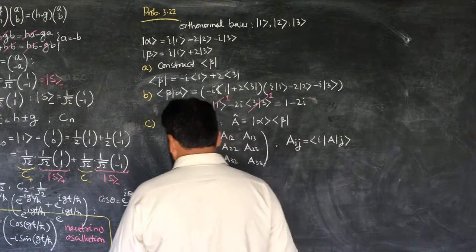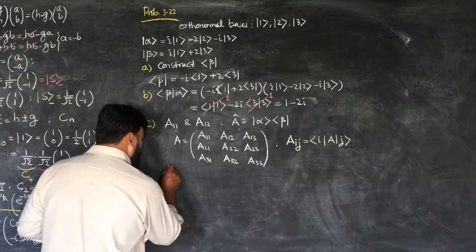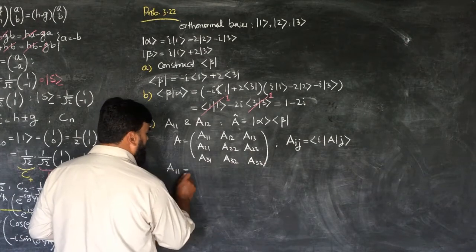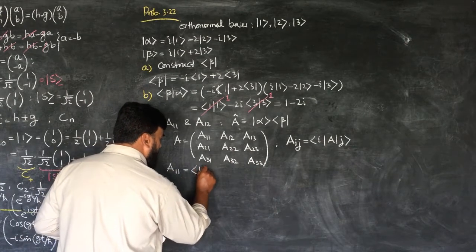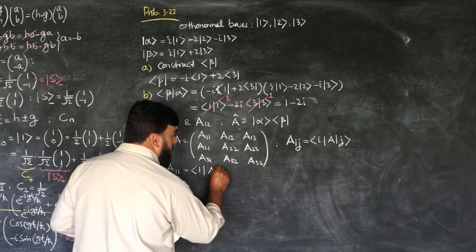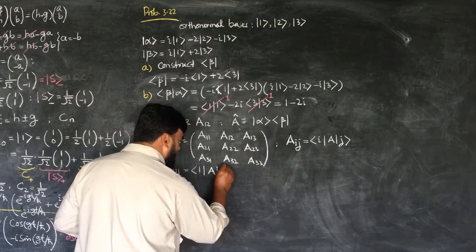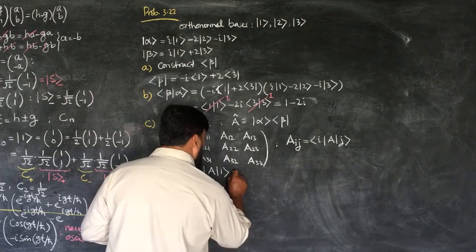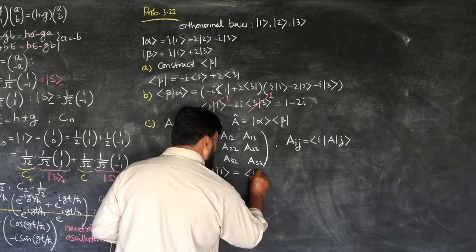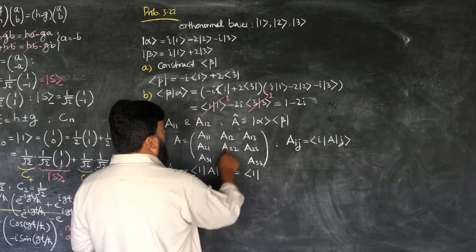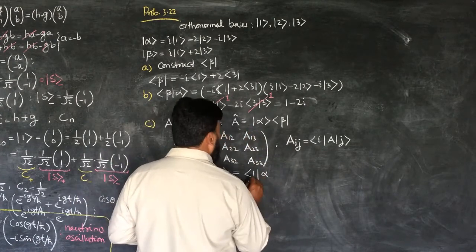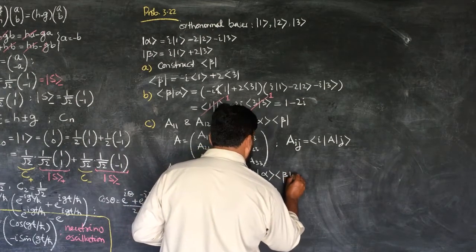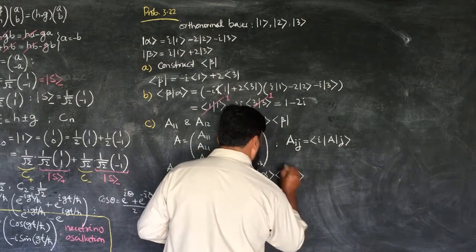So the very first one, which is A11, from that relation will be <1|A|1>, because j is also 1. So I can write that this is <1|, and then A is |alpha><beta| here, and |1>.